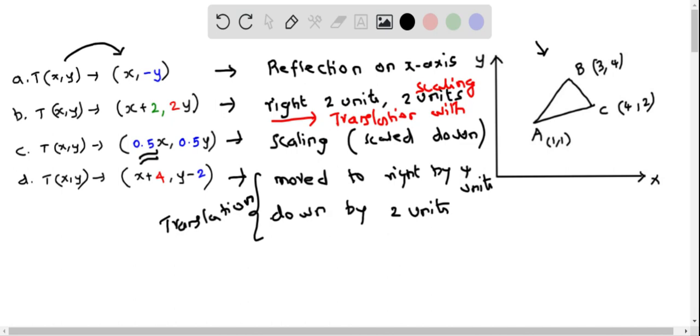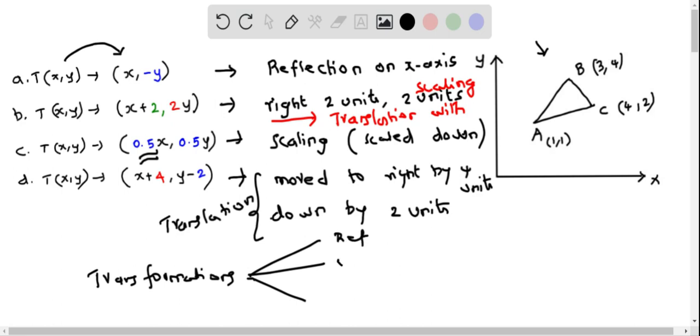If we understand the different types of transformations, we have four different types: reflection, rotation, translation, and finally the fourth one, scaling or dilation.